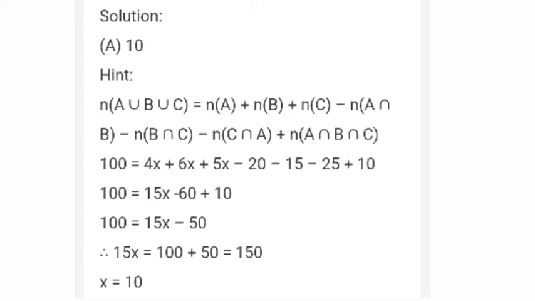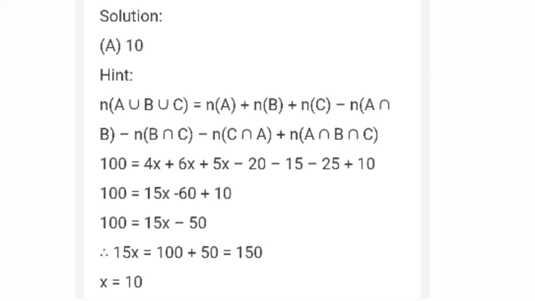Substitute all the values. n(A union B union C) equals 100, that equals 4x plus 6x plus 5x minus 20 minus 15 minus 25 plus 10.